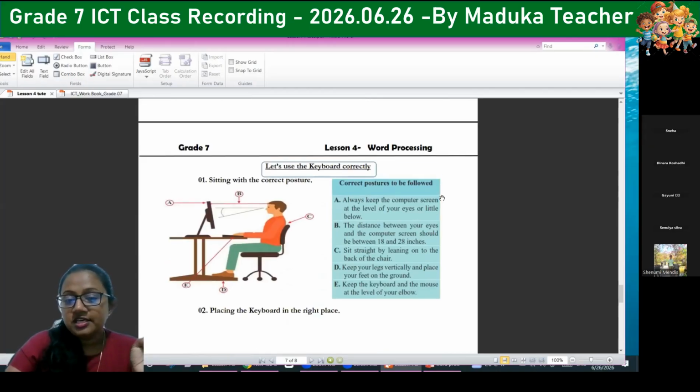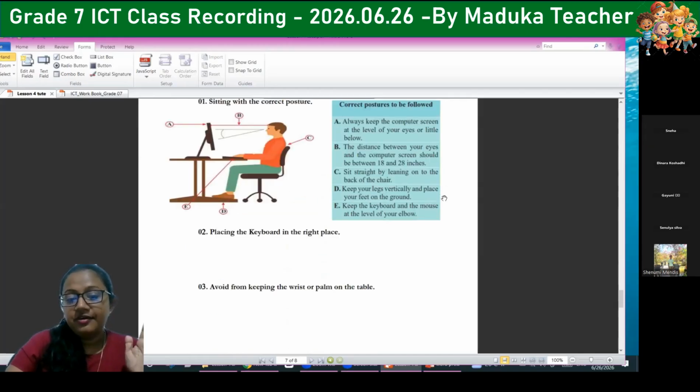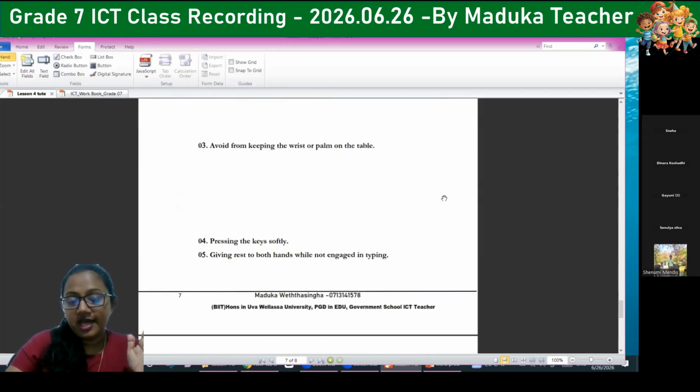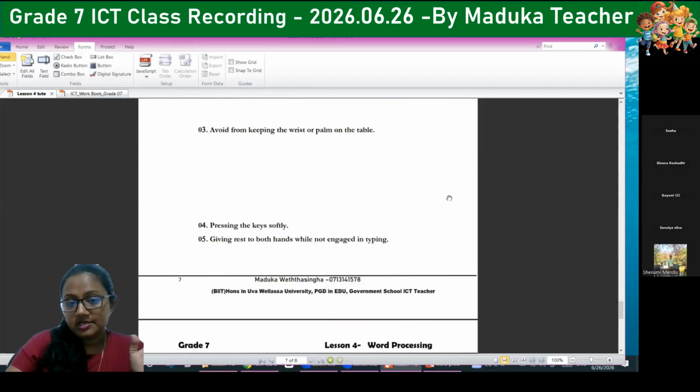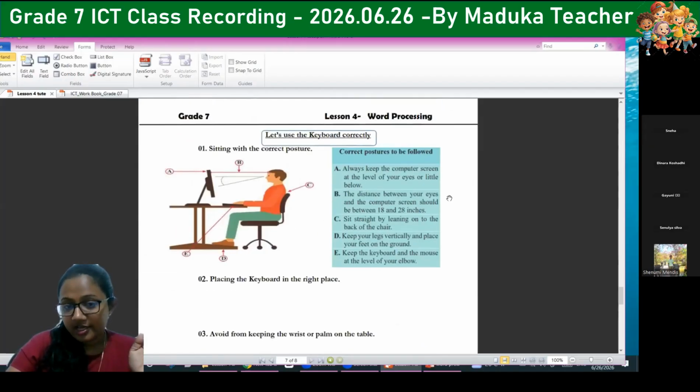Let's use the keyboard correctly. Right? Here we have to discuss 5 points regarding how to use the keyboard correctly, how to use the keyboard properly.